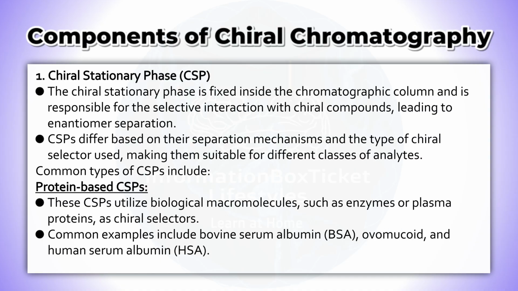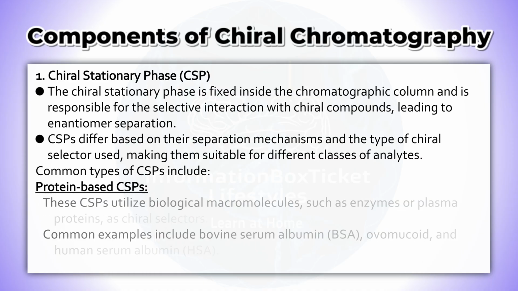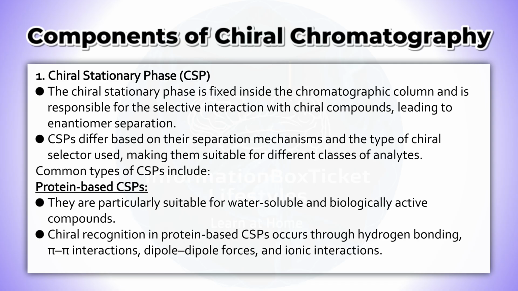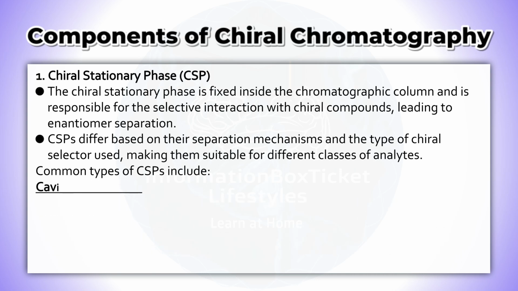Common examples include bovine serum albumin, BSA, ovomucoid, and human serum albumin, HSA. They are particularly suitable for water-soluble and biologically active compounds. Chiral recognition in protein-based CSPs occurs through hydrogen bonding, pi-pi interactions, dipole-dipole forces, and ionic interactions.